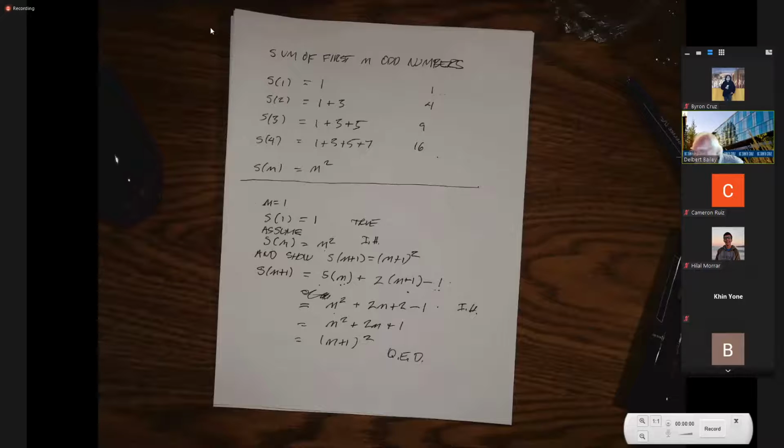Sometimes that's a lot easier to do than just doing the n minus 1 case implies the nth case. And I can give you an example of that.